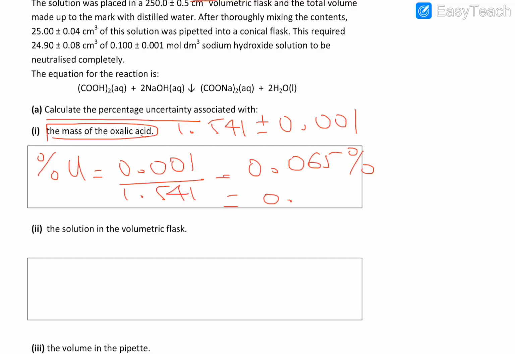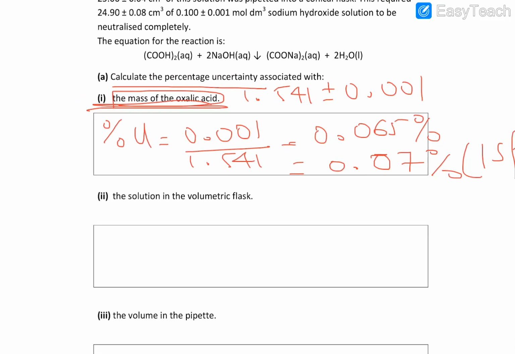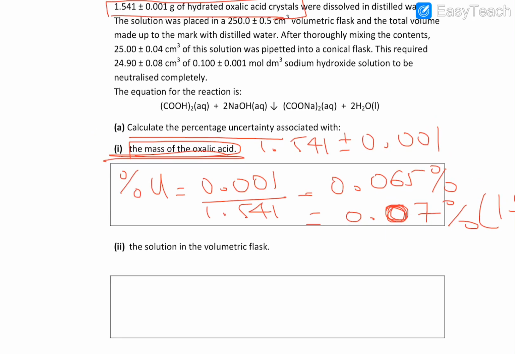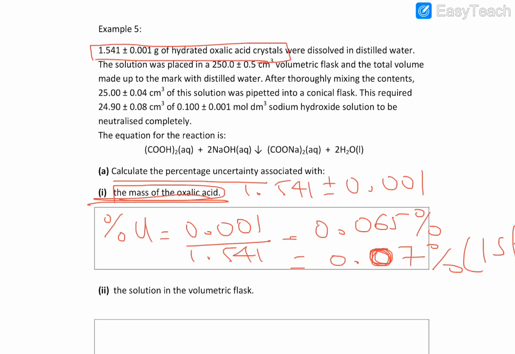But because I'm being asked this answer, I'm going to give that to 1SF. Okay, so I'm rounding it up and I'm specifying that this is to 1SF. Okay, so 0.07 here.